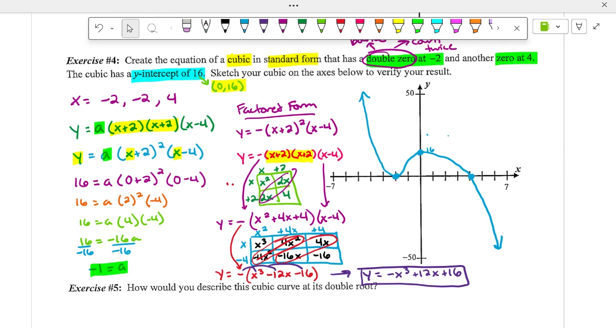Just take it and write it. Or you can write it down.